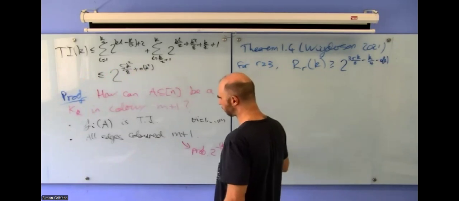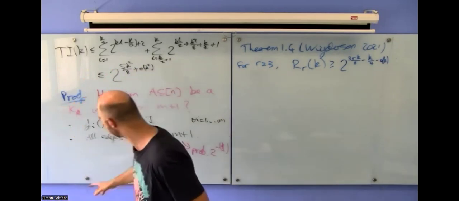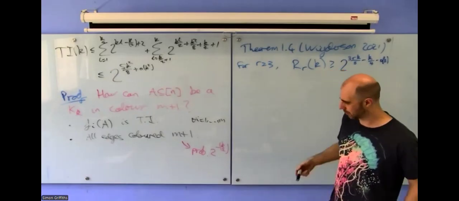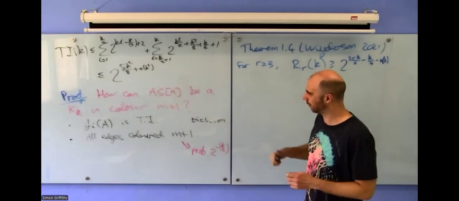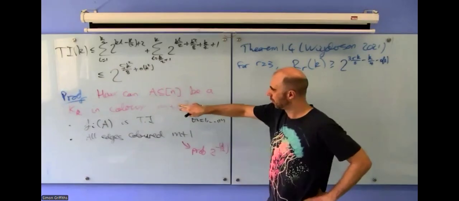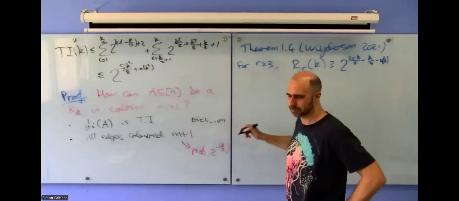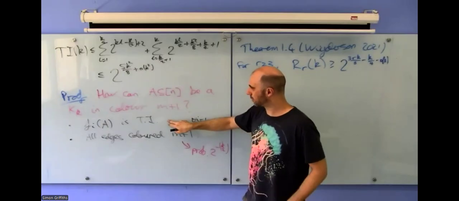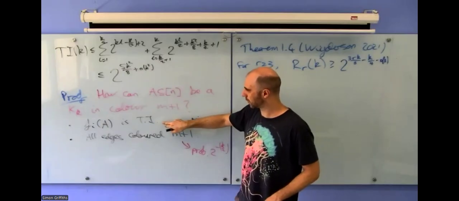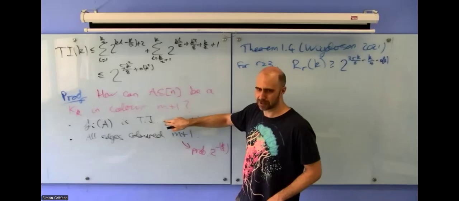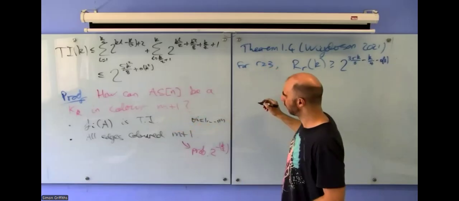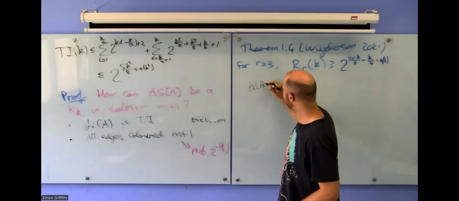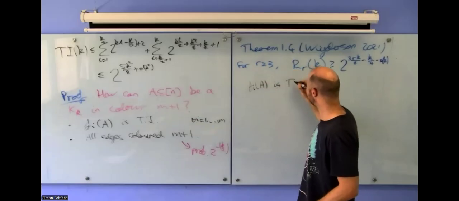So let's think, what's the probability that A has this first property? You fix K vertices in N, what's the probability this occurs? For this to occur, there must be a totally isotropic set of size at most K. So Fi of A is totally isotropic.